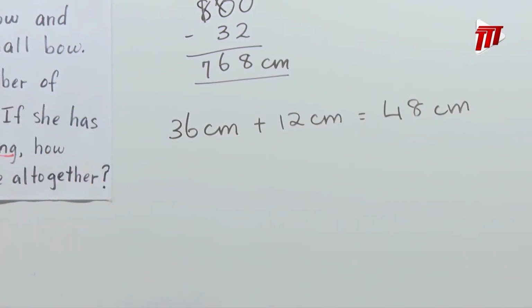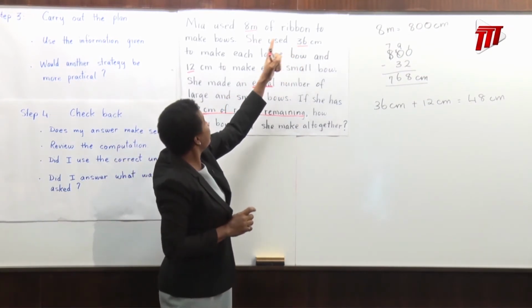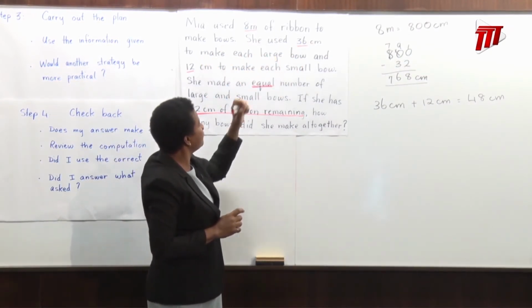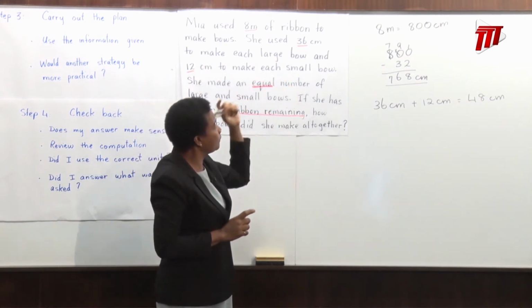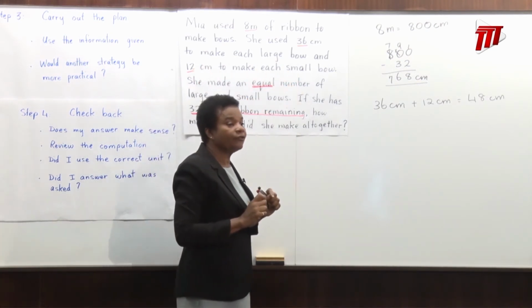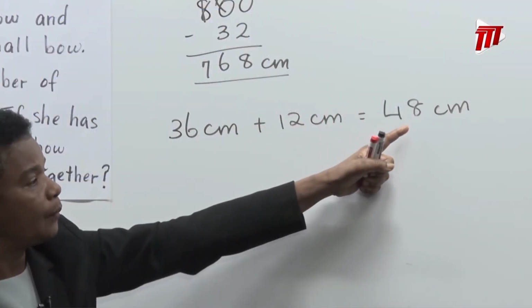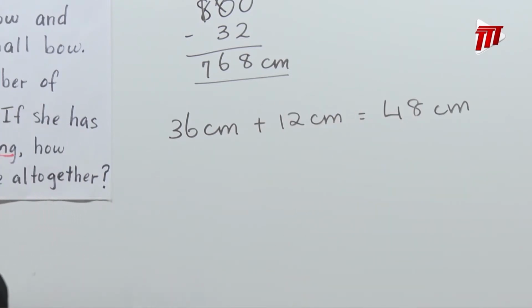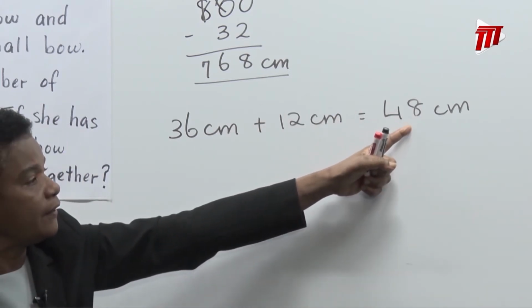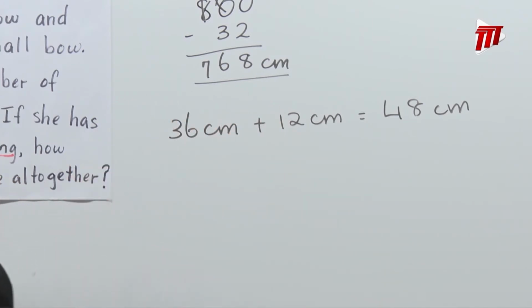Let's do that over. Since Mia used 36 centimeters to make a large bow and 12 centimeters to make a small bow, every time she cut ribbon to make a large and small bow, she would cut 48 centimeters of ribbon. So 48 centimeters will give us 1 large and 1 small bow.